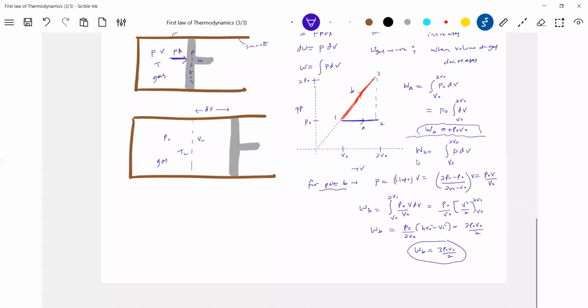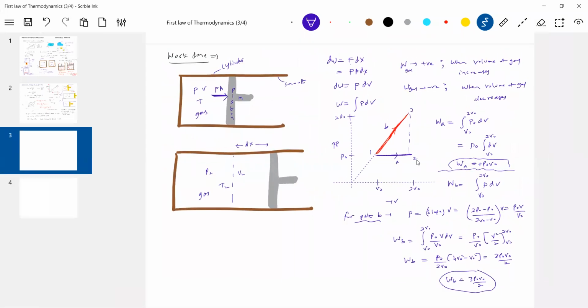Sir, how will the gas undergo constant pressure, and how can pressure vary directly with volume? It all depends on how I move the piston. I can move the piston in such a way that the pressure of the gas is constant while volume increases, or in such a way that pressure and volume both increase linearly. It all depends how we move the piston.